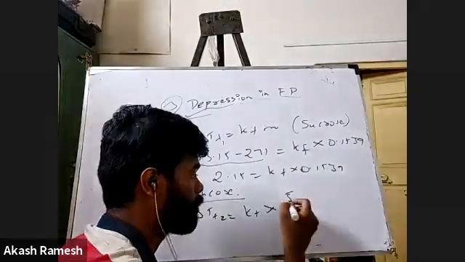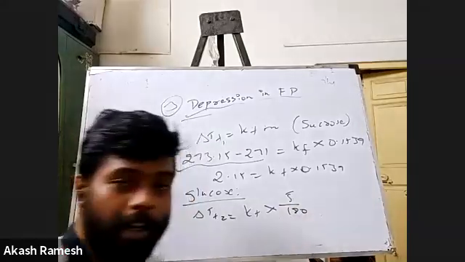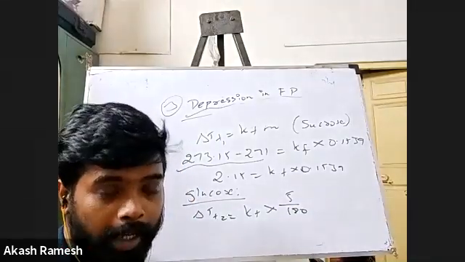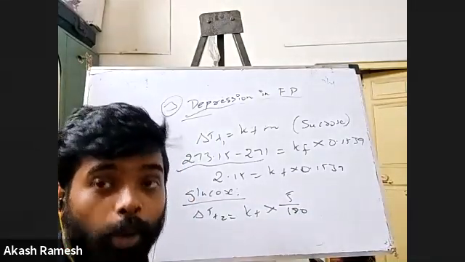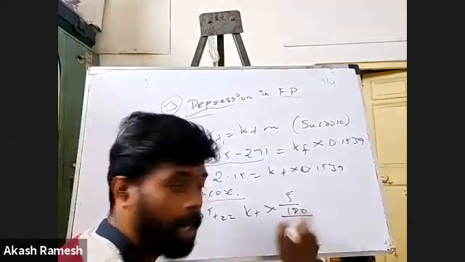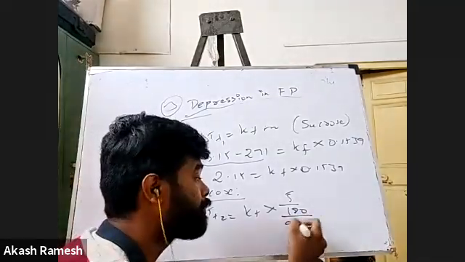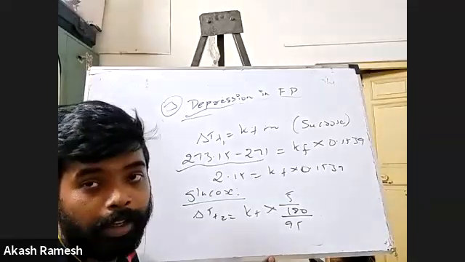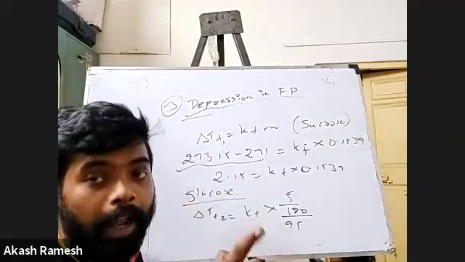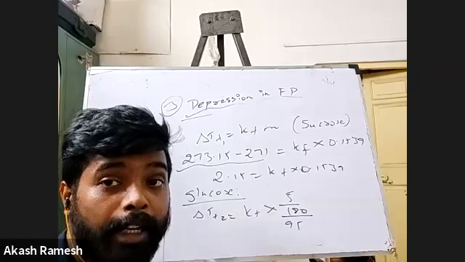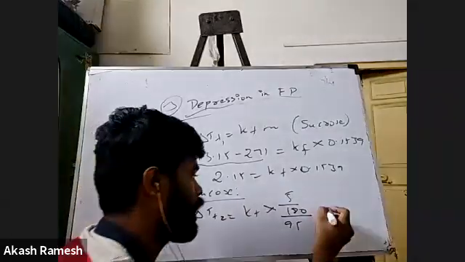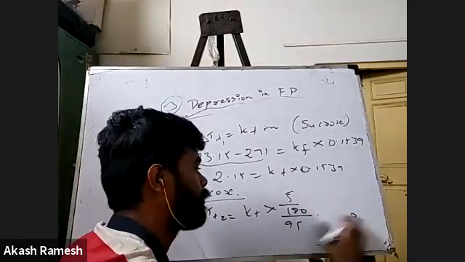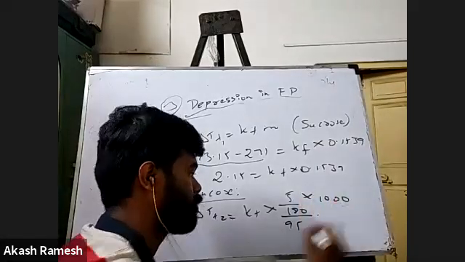Number of moles of glucose will be the given mass divided by the molecular mass of glucose, 180, divided by the mass of solvent. What is the mass of solvent? We just found it to be 95 grams. Don't put 100 here. 100 is the total solution. In that 5 grams is glucose, 95 grams is water. And that's it. Now you have to multiply this by 1000.